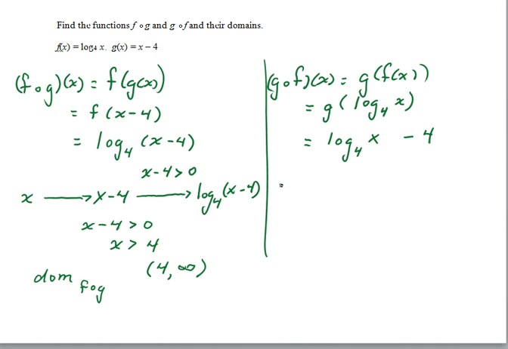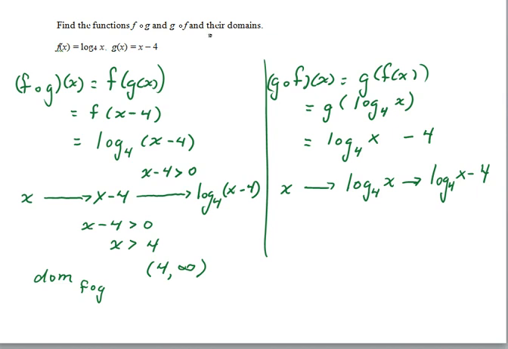This time, x first of all is taken to log base 4 of x, and then 4 is subtracted from log base 4 of x.